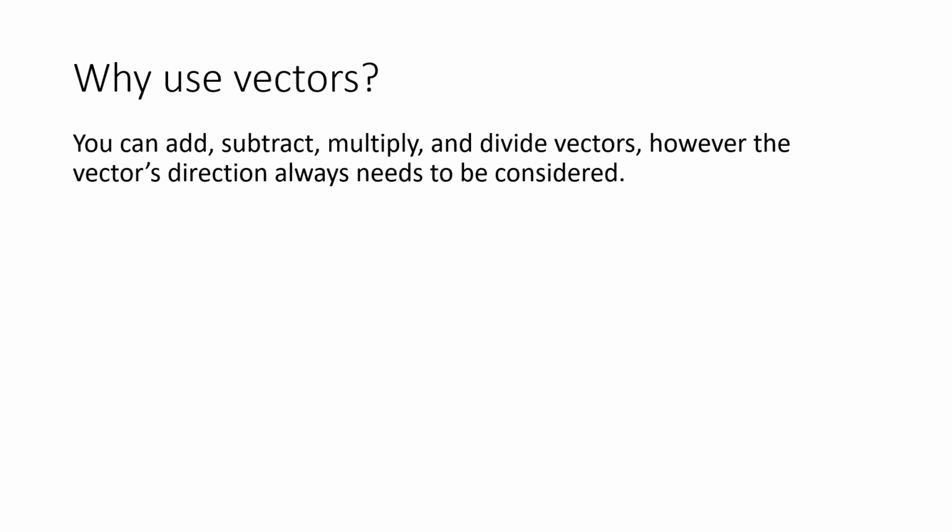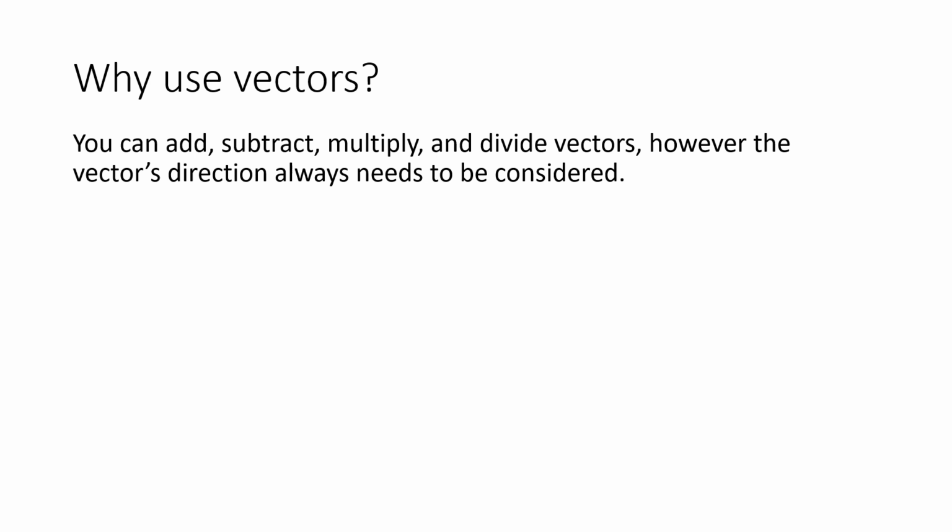I could do the same thing with vectors. So I have to always remember that there is a direction involved with each vector though. So if I say I walked 1 mile west and then I walked 2 miles east, and if you think about it, those two directions are opposing one another.